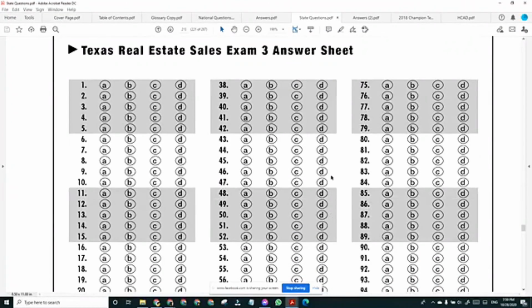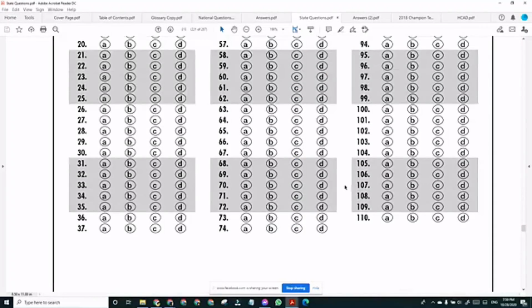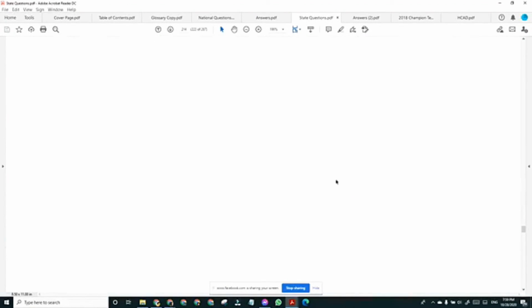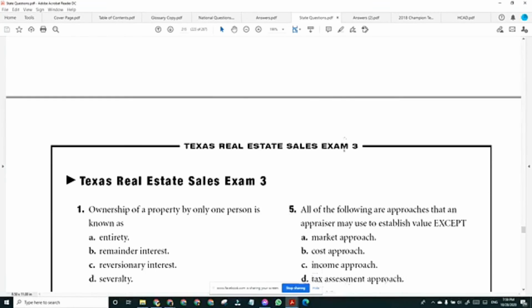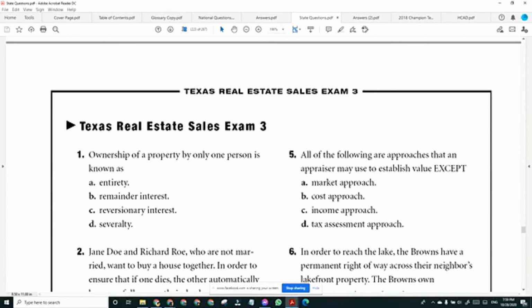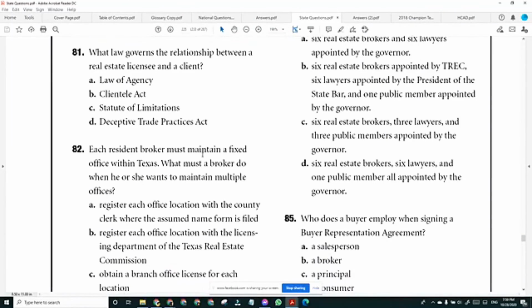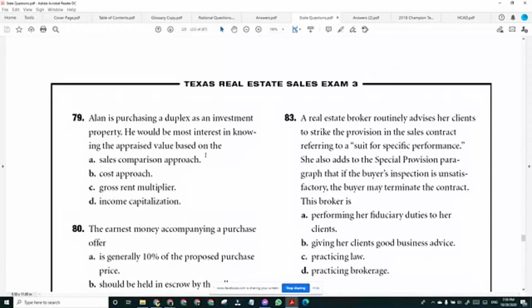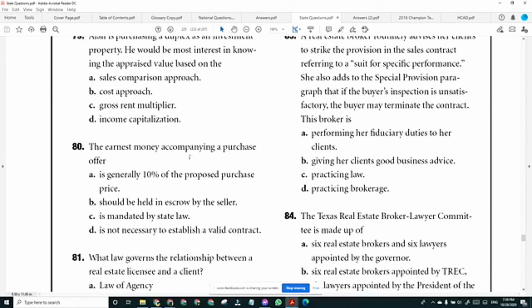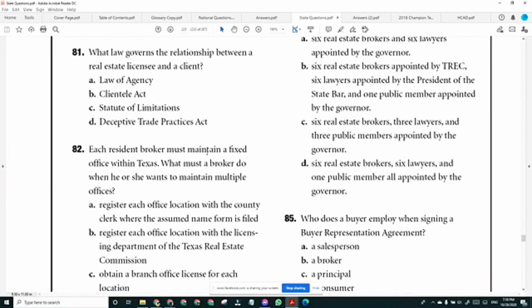There's a Scantron so that it can be printed and you can take the exam without interruptions. So we will start on page 225, question number 81 on exam 3. Let me write that down. So exam 3, 81 on page 225.